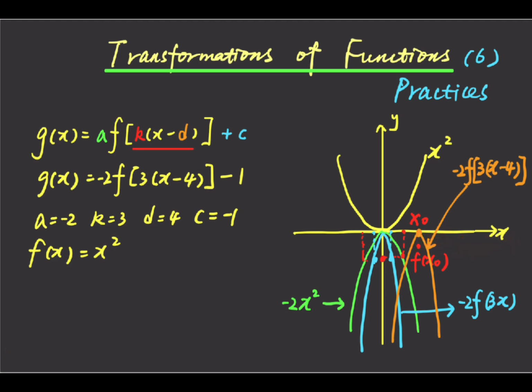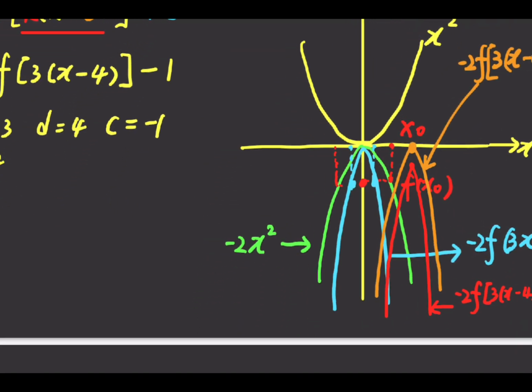If you can locate the new vertex, it will be quite easier for you to sketch the new graph. This new graph is the final transformed graph of this function. Okay, it should be here. The red graph represents the final transformed function, minus 1.